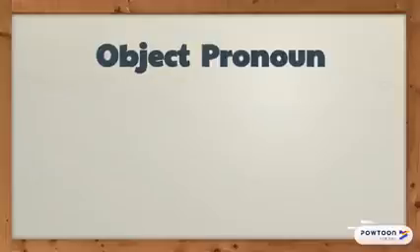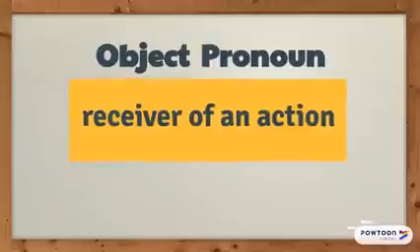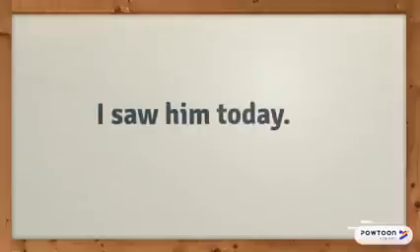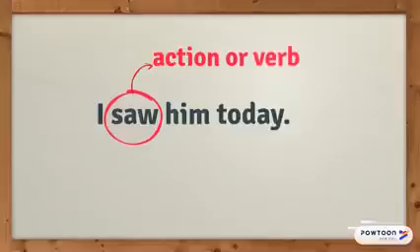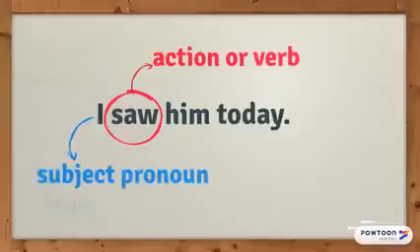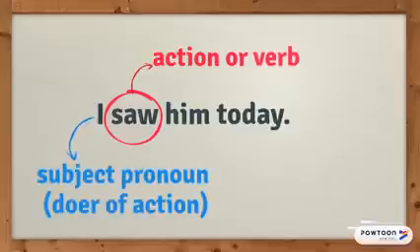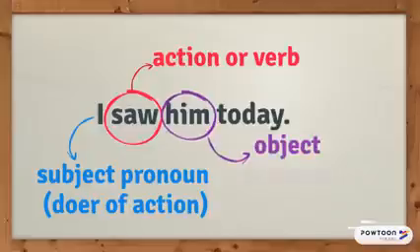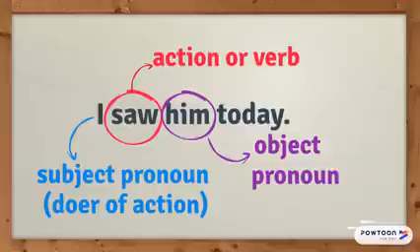An object pronoun is the receiver of an action or verb. In this case, the action or verb is saw. The subject pronoun I is the doer of the action, and him is the object pronoun that receives that action.